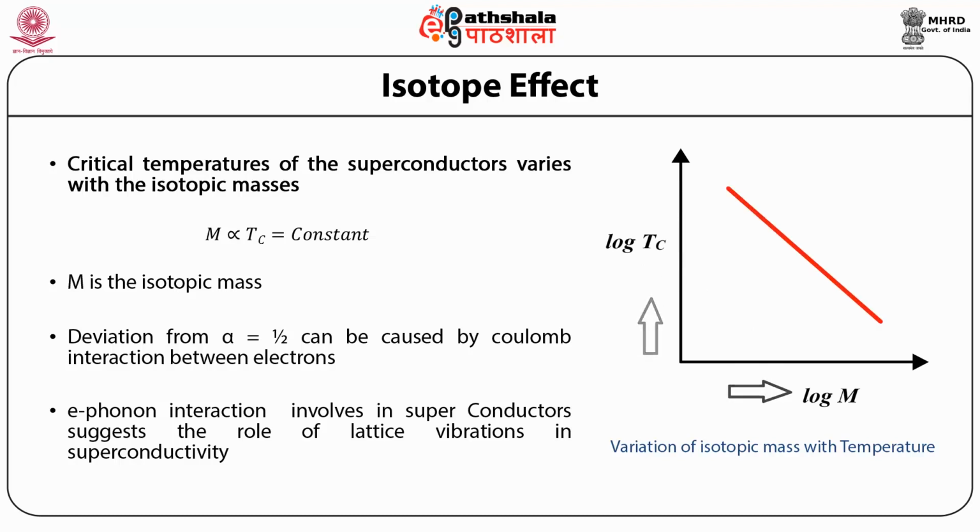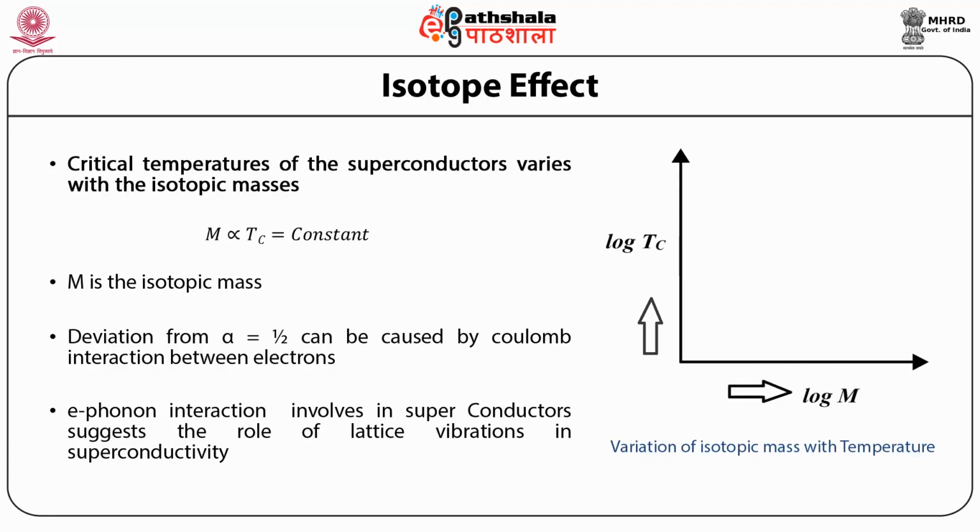If we use the concept of Debye temperature theta D and the velocity of sound, the transition temperature of a superconducting material is closely related to the corresponding Debye temperature: Tc is proportional to theta D, and Tc by theta D is almost constant. Debye temperature we have discussed in an earlier module also.